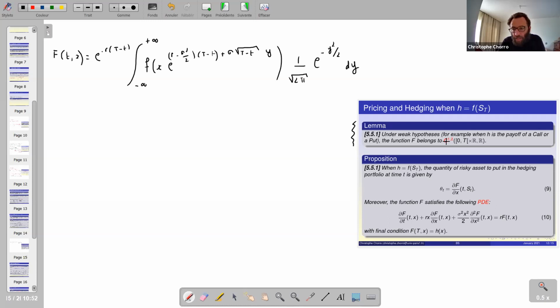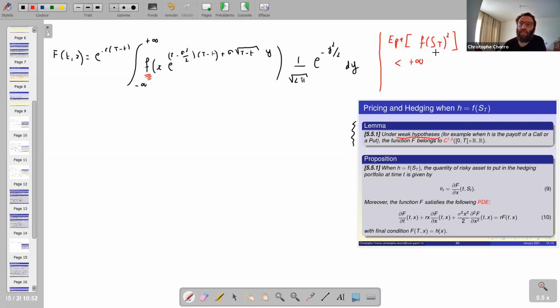Second remark, I said that this lemma is remarkable because it holds under weak hypotheses. What I mean by weak hypotheses is that my payoff depends on f here, and a priori, at this stage, I have for f a single condition, that is, I want this quantity to be finite.